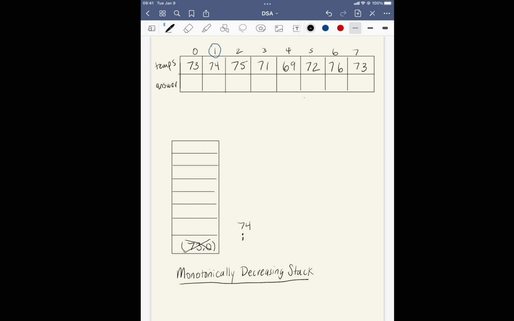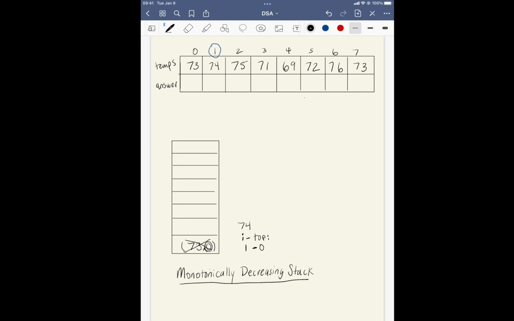So I minus the index of the top of the stack, so I minus top I. That would be 1 minus, and in that index you can see it's right here, 0.